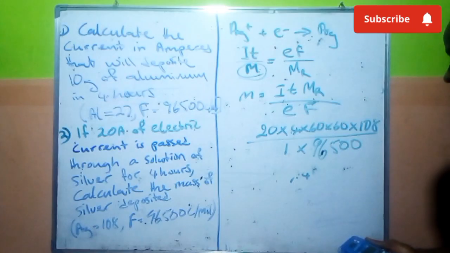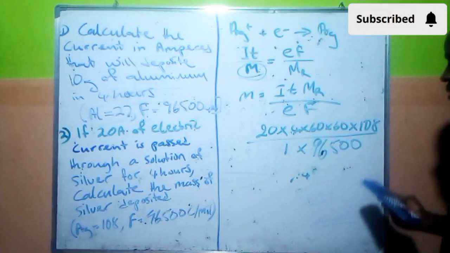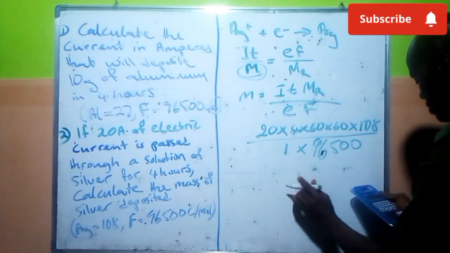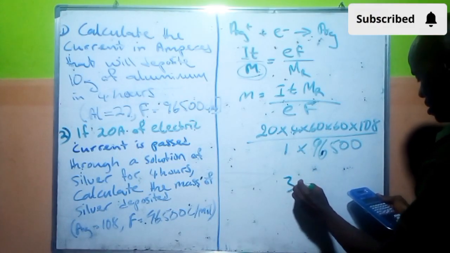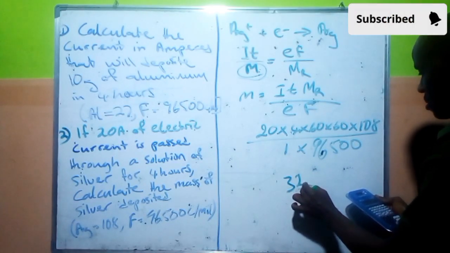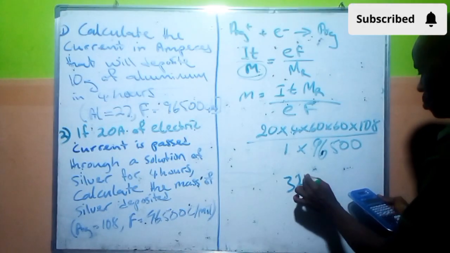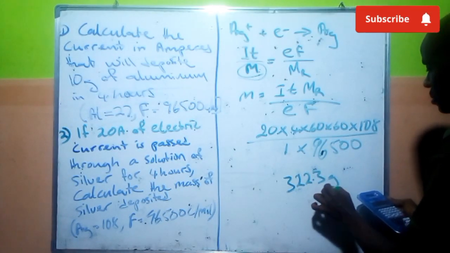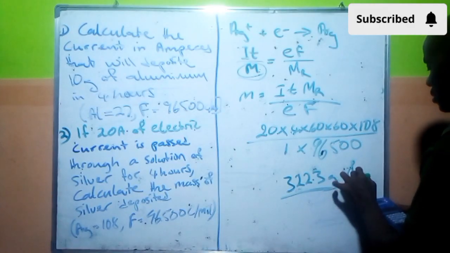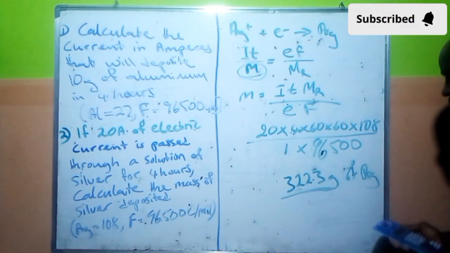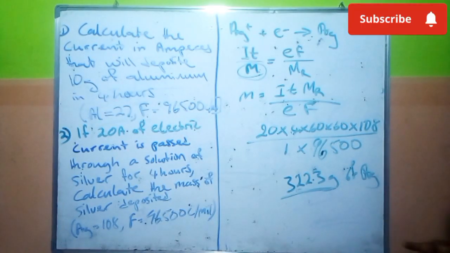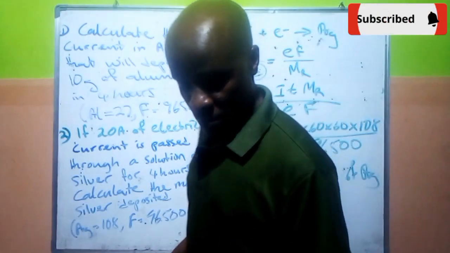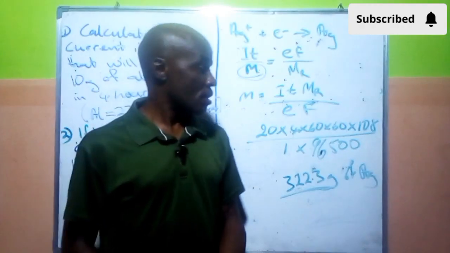So our answer here is 2.3 grams of silver. That is what will be deposited. So this is one of the simplest ways of solving this, and it will be easier. The secret of getting through calculations that involve electrolysis.